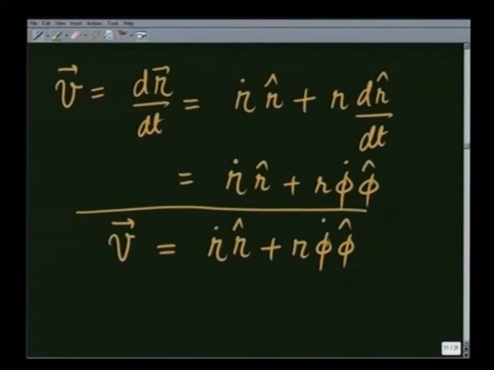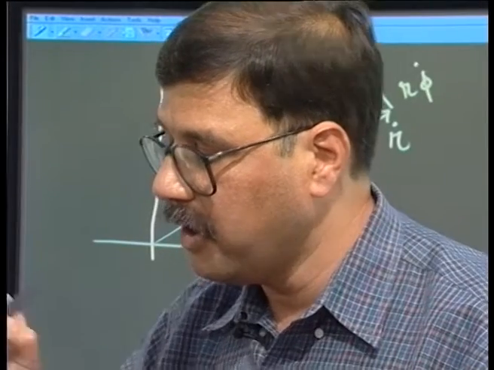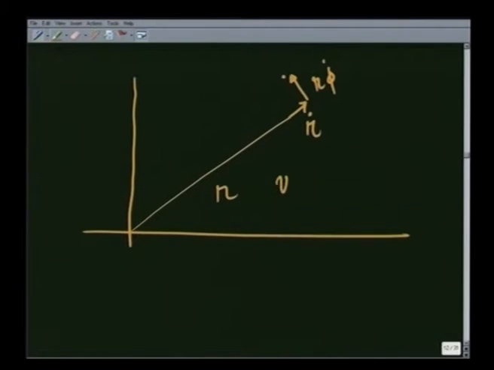Let us look at it geometrically. So, a particle is moving around at a distance r. As it moves to its new position, it has moved this way at a rate of r dot, and it has moved this way at the rate of r phi dot. So, its net velocity is a combination of r dot in the r direction plus r phi dot in the phi direction.